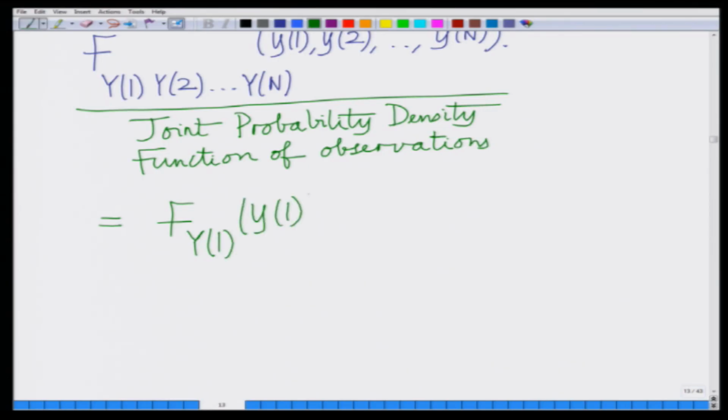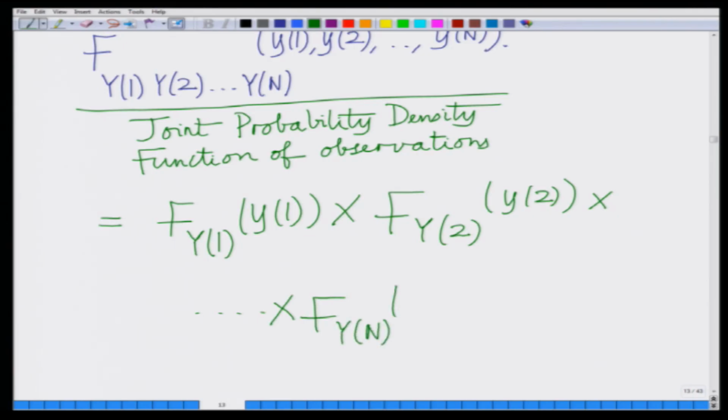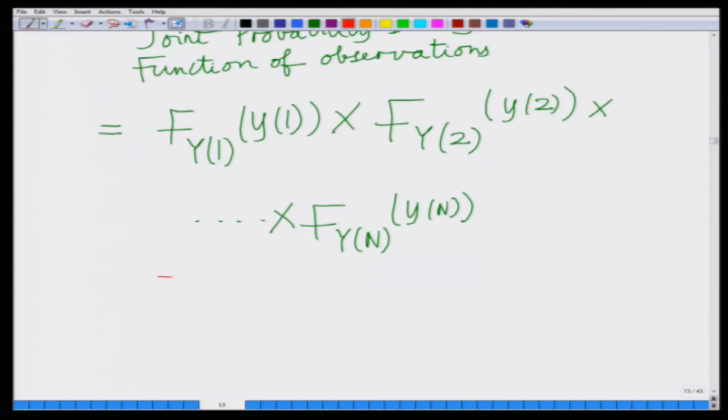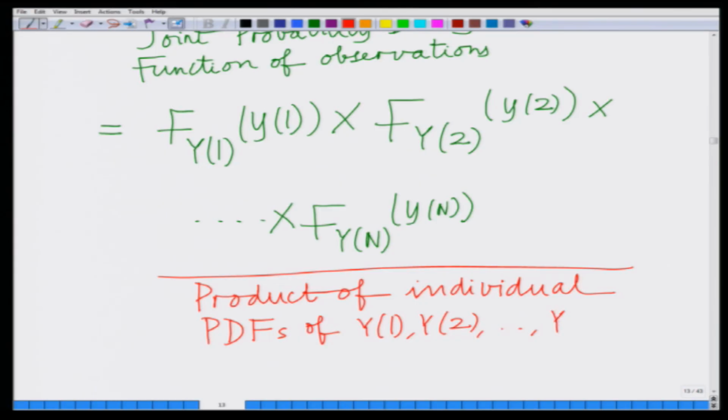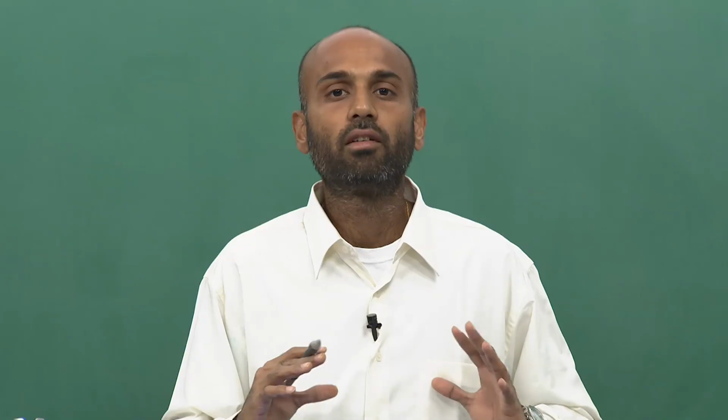Since these are independent, this is equal to the product of the individual probability density functions of y1, y2, yn.